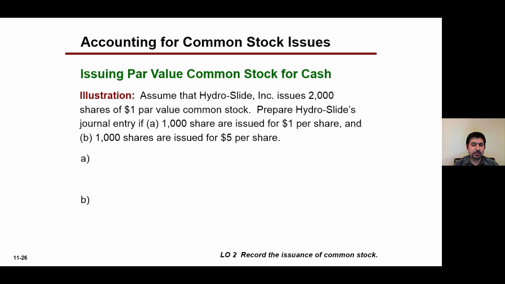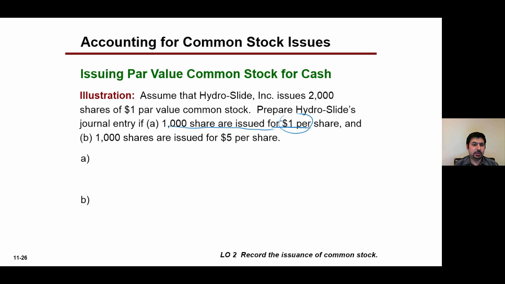Here, assume that Hydroslide Inc. issues 2,000 shares of $1 par value common stock. Prepare Hydroslide's journal entry if 1,000 shares are issued for $1 per share.